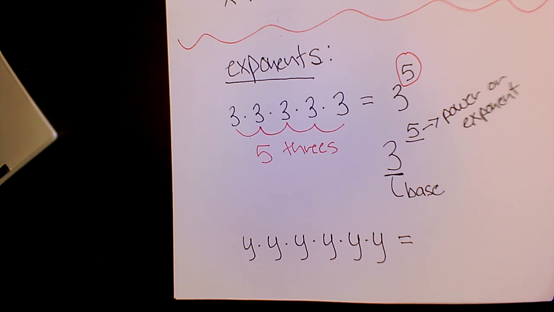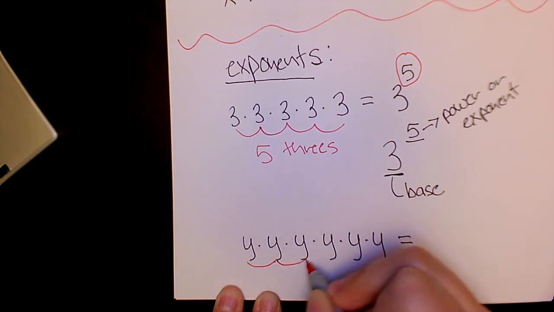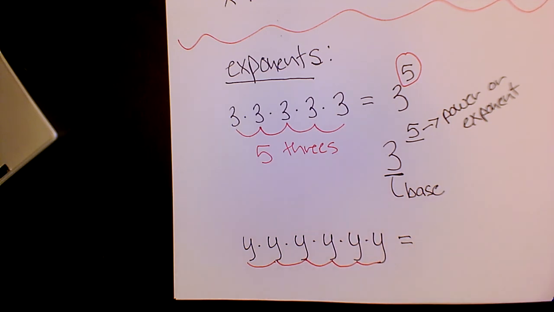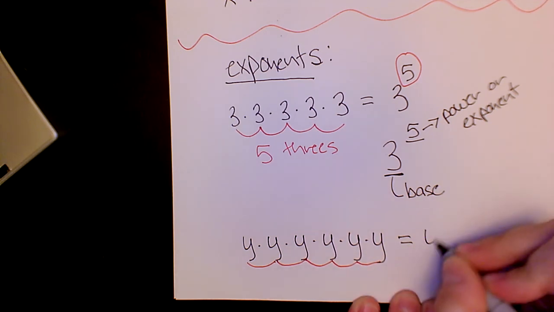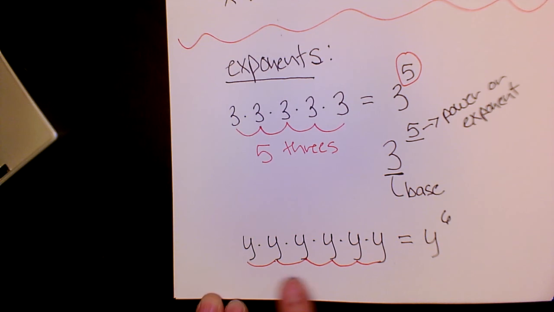So let's see how many y's we have. Okay, I'm counting 6. So this would be y to the 6th. Okay, so what we're doing is we're writing this in exponential form.